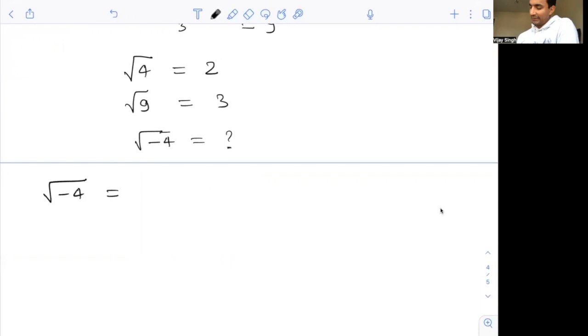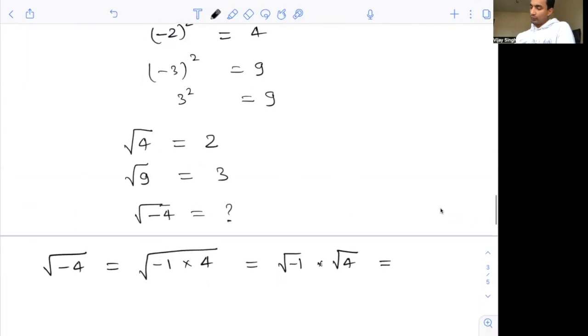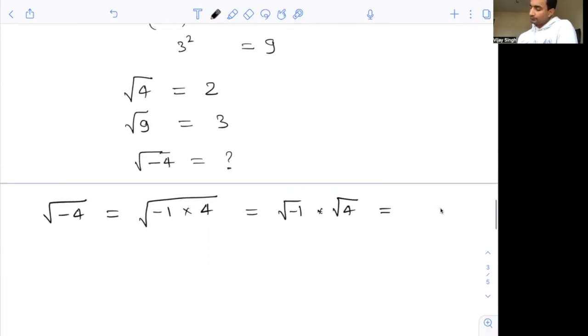We can always write minus 4 as a product, minus 1 times 4, and we can take the square root of this product. This can be written as the square root of minus 1 multiplied by the square root of 4. Now, we know the square root of 4 is equal to 2. So what we get is the square root of minus 1 times 2.